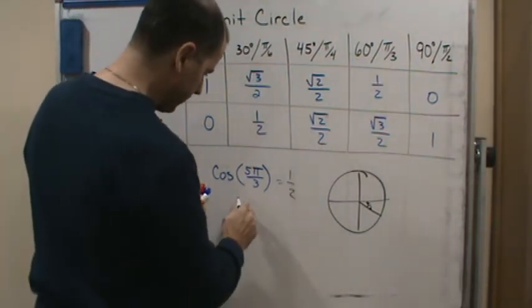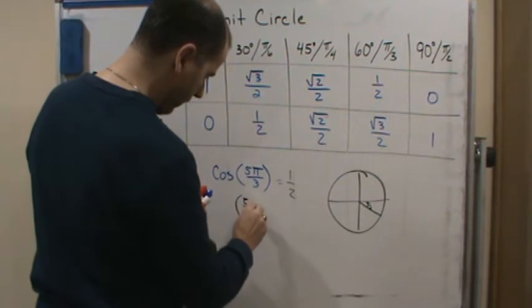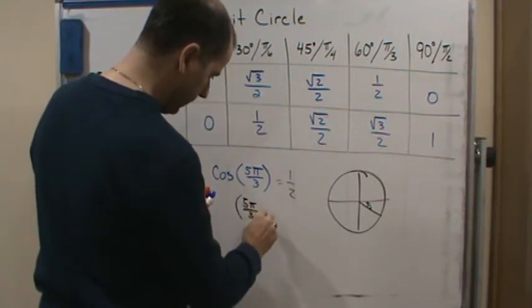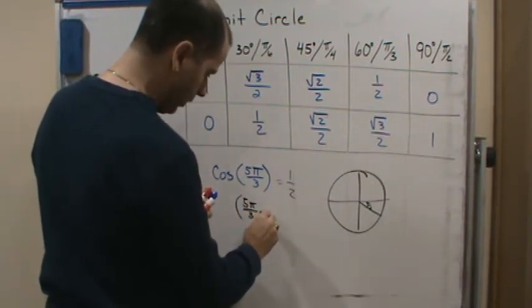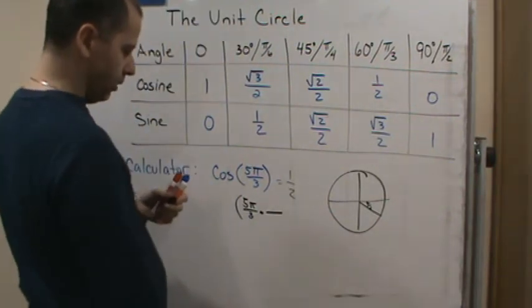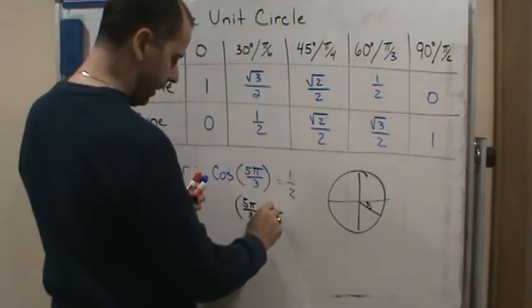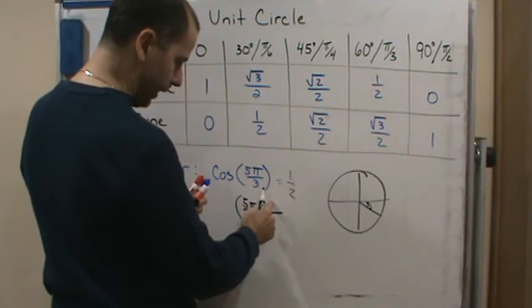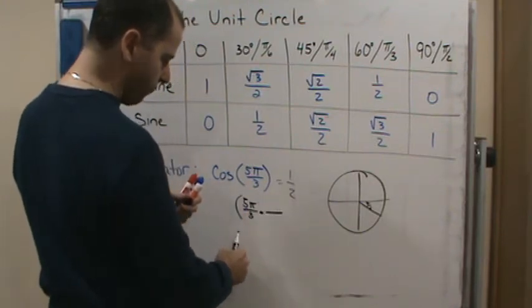Inside the parentheses you would have 5 pi over 3 times, well, we want degrees, so we want to cancel out the radians.